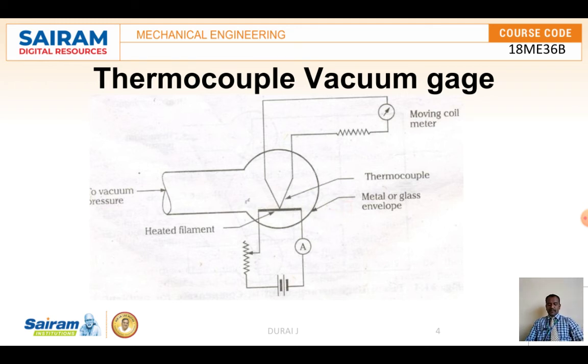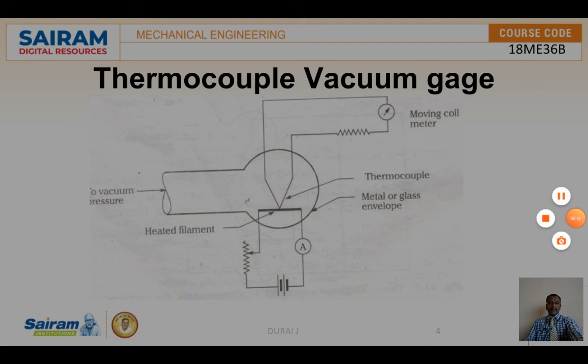Thus the thermocouple provides an output voltage which is a function of the temperature of the filament and consequently the pressure of the surrounding gas. A moving coil meter may be directly calibrated to read the pressure. So this is about the thermocouple vacuum gauge.